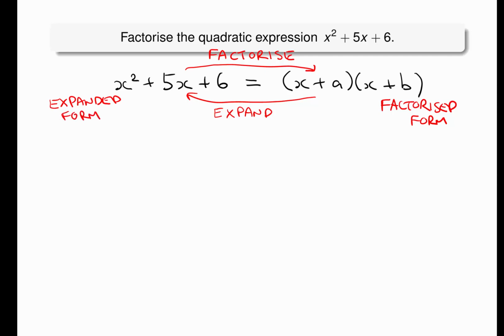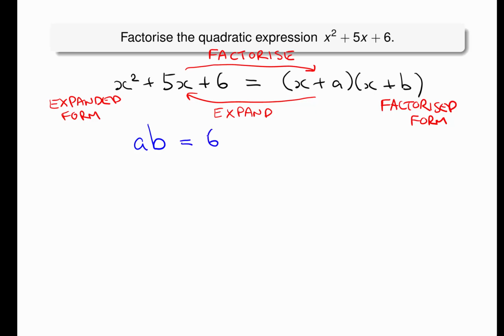Now, how do you find the constants a and b? Here's what you do. It's actually a little bit tricky. You have to first choose a and b so that when you multiply them together, you get the constant term 6.